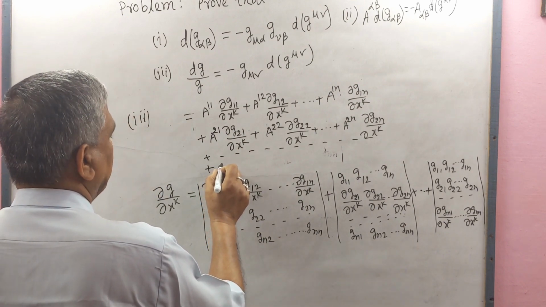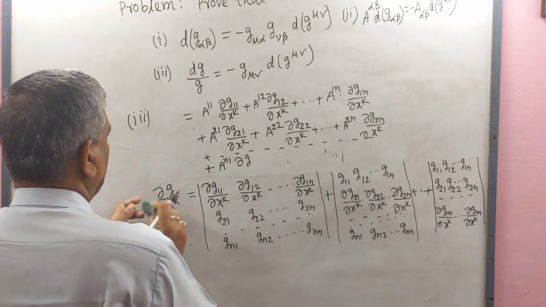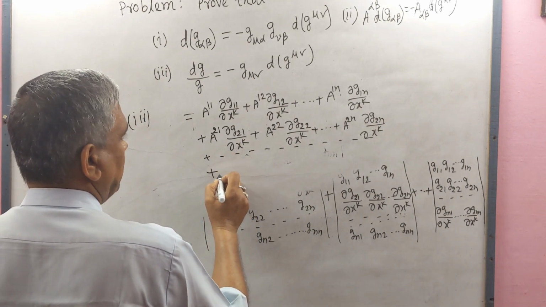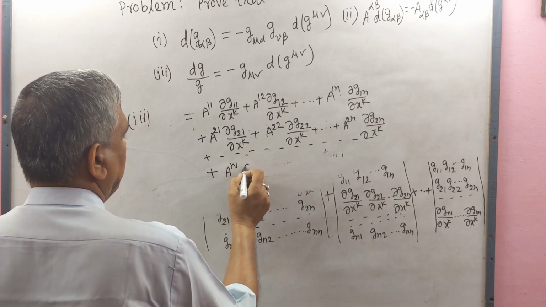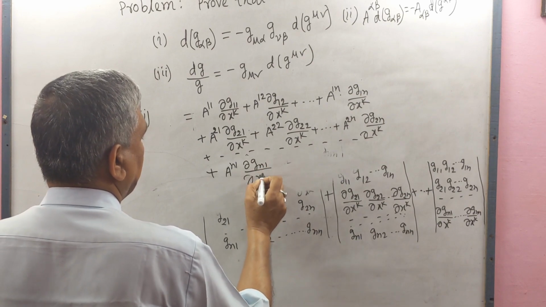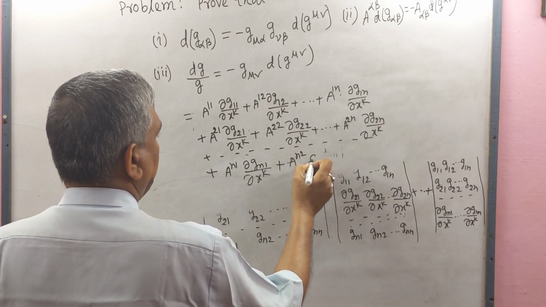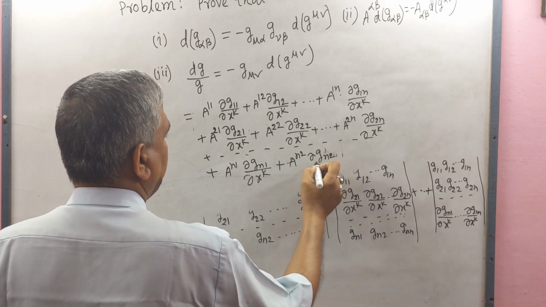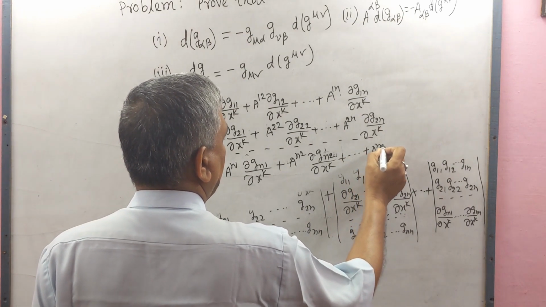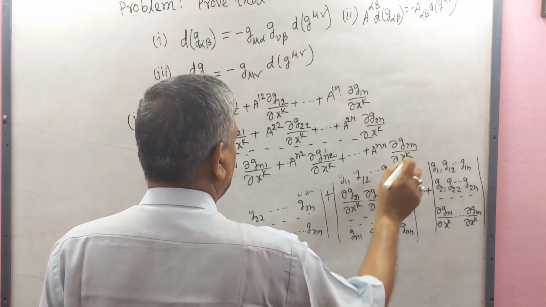We will get An1 del gn1 by del xk plus An2 del gn2 by del xk plus dot dot dot Ann del gnn by del xk.